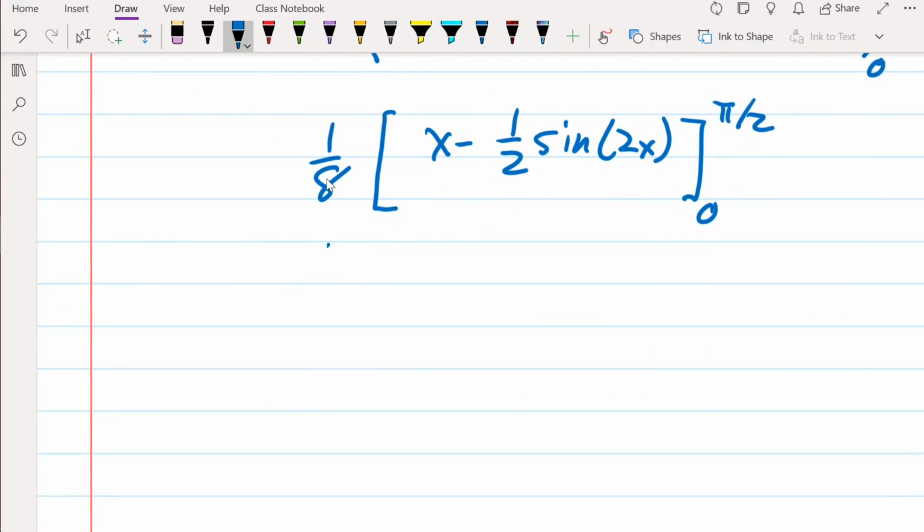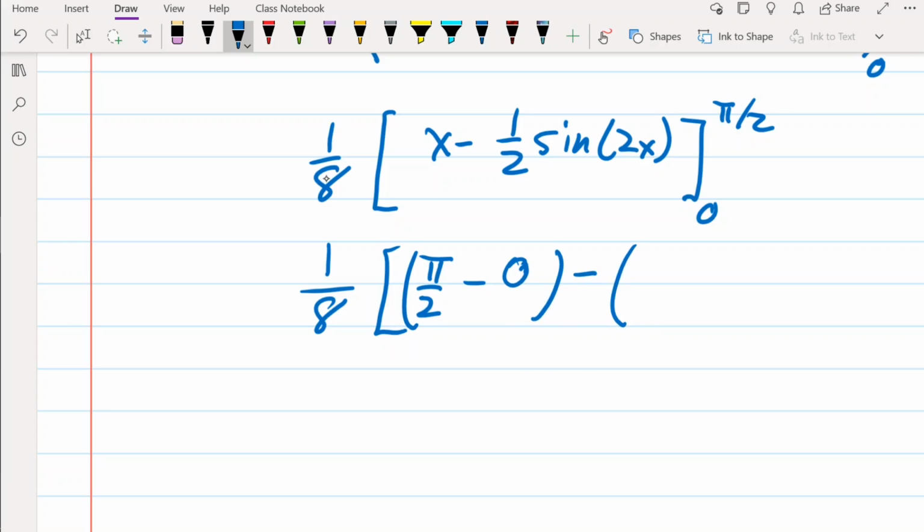Then we evaluate, so 1 over 8, so that means we get pi over 2 minus the sine of pi is going to be 0, so minus 0, minus, and then 0 times x is 0, and then the sine of 0 is 0.